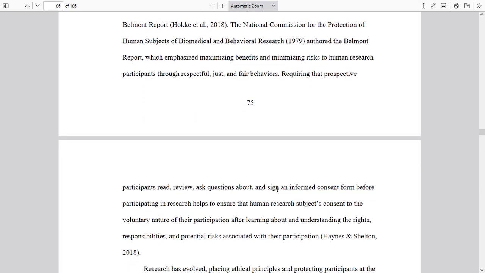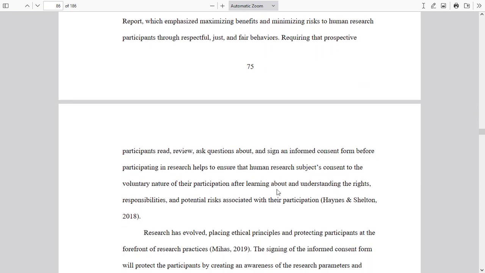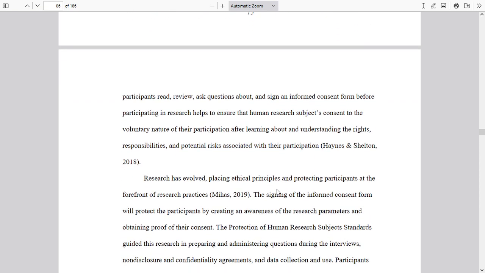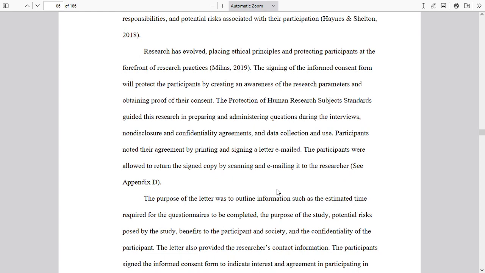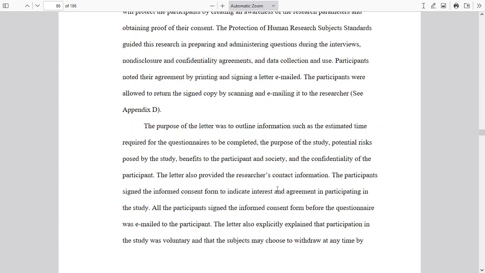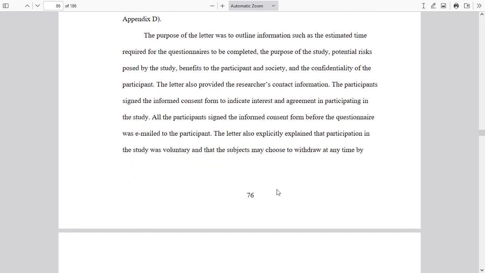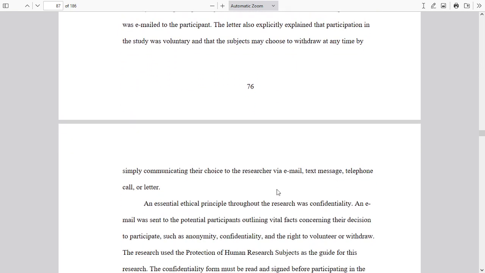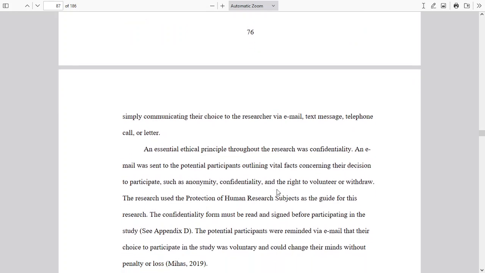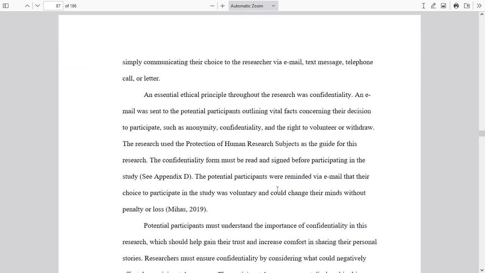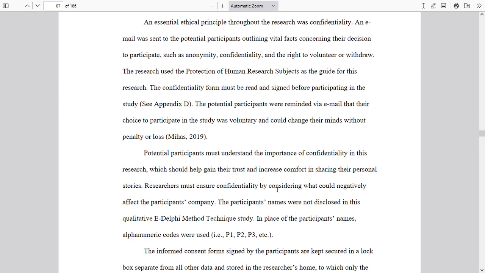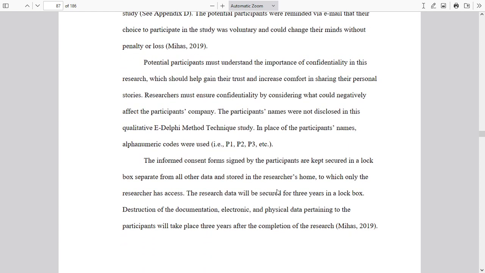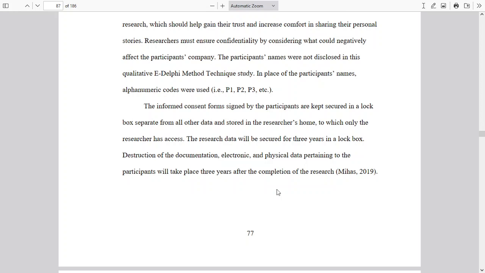All this talks about is, I'm going to give them a form to sign saying that they're good to participate in the study, and that they understand what they're getting into and what their rights are. And yeah, I went over it with them.